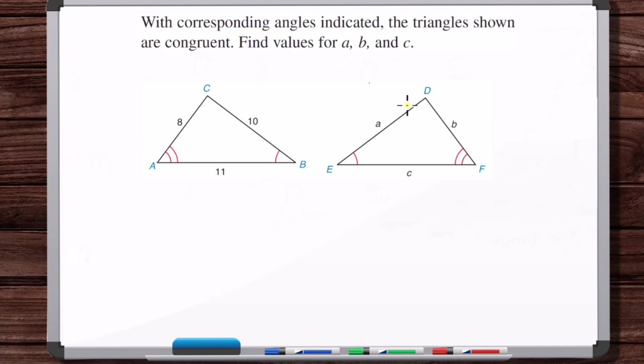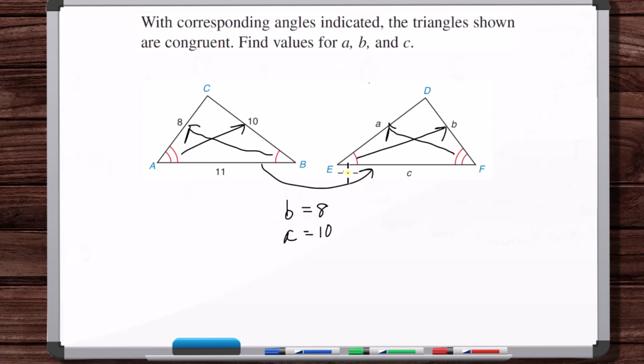Since these two angles are corresponding, the sides opposite those angles are going to correspond. So B is equal to 8. Same here, these are going to correspond, so A is equal to 10. All that's left is that these two sides have to be corresponding, the only remaining pair, so C is equal to 11.